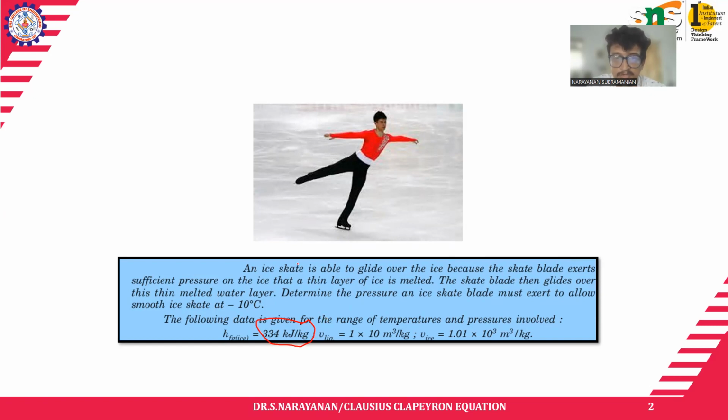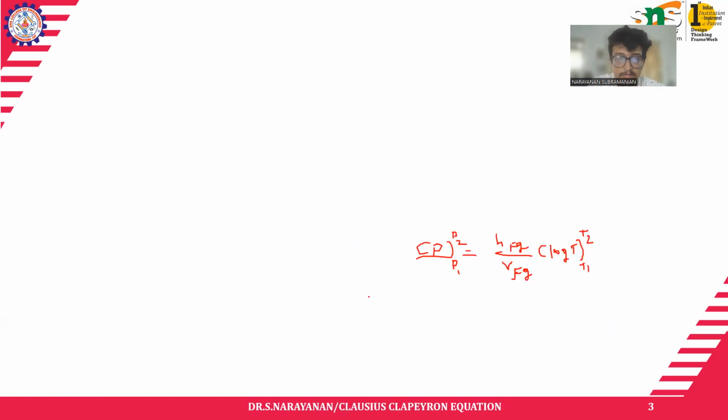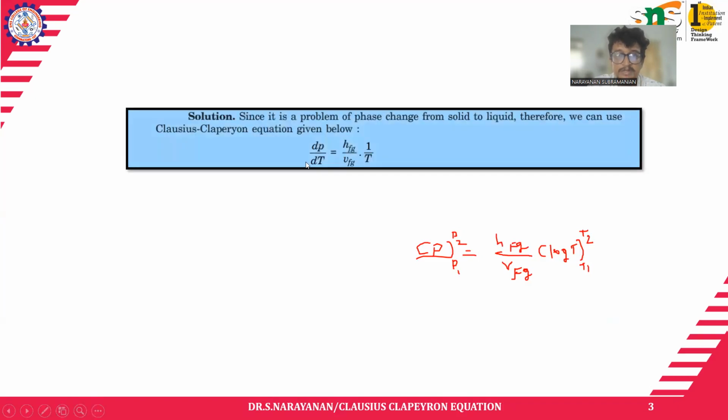So this problem explains the significance of the Clausius Clapeyron equation, that is dP by dT equal to HFG by VFG into 1 by T. This is the Clausius Clapeyron equation that talks about the rate of change of pressure with respect to temperature whenever a phase change happens. So this equation is important to adjust the conditions when there is a pressure change and phase change. Thank you.